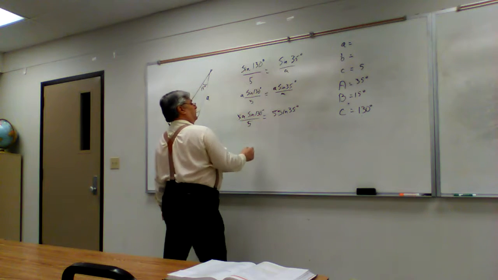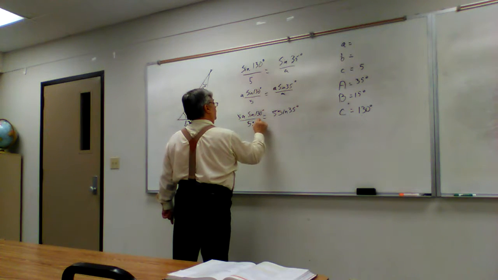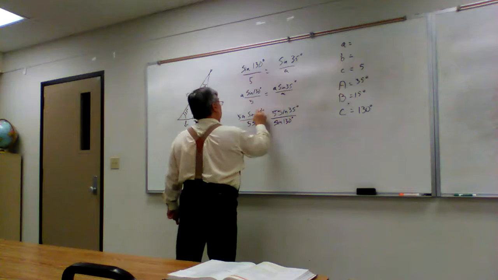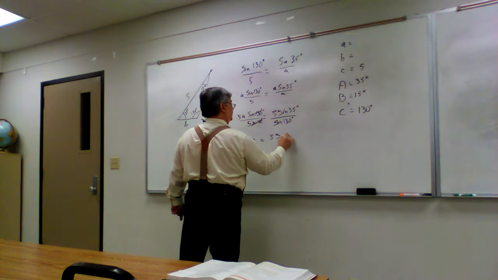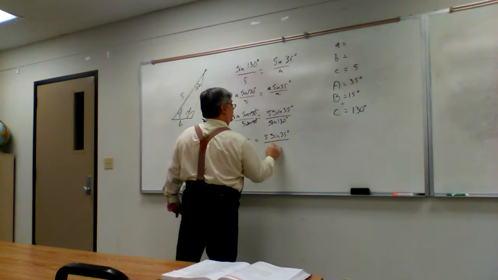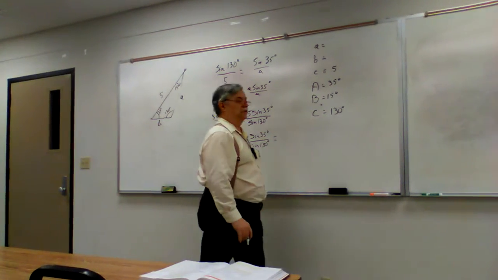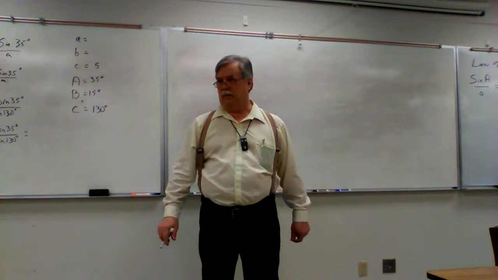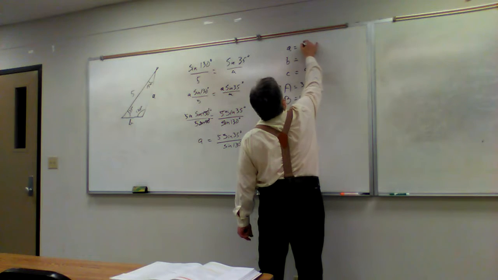And these cancel, and now divide both sides by sine 130. These cancel, and we have A is equal to 5 times the sine of 35 degrees divided by the sine of 130 degrees, and that equals 3.74.